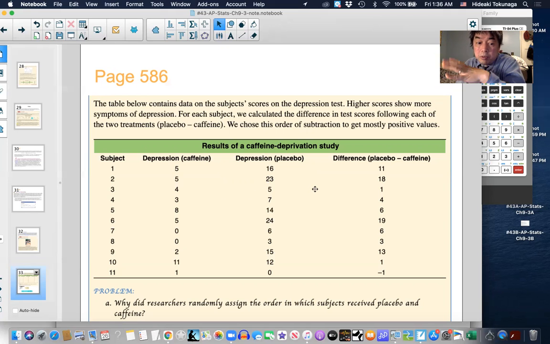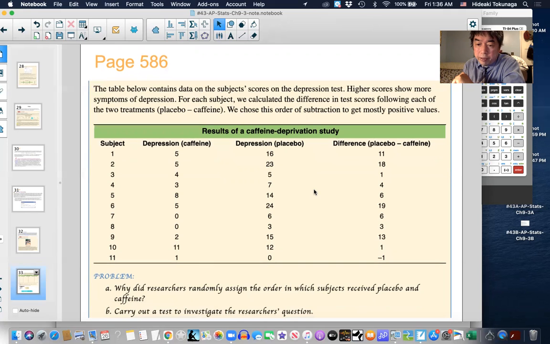But when we create the hypothesis, we have to make it a slightly different way. So these are the data here, right? Question A: why did the researcher randomly assign the order in which subjects received the placebo and caffeine? What if the placebo was given in the first period and in the second period they get the caffeine?